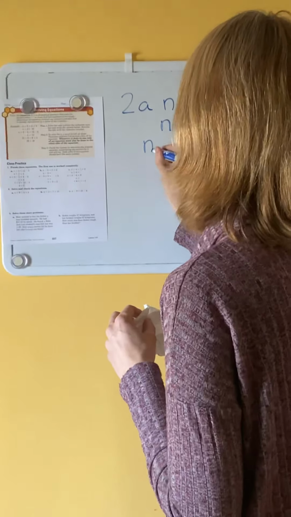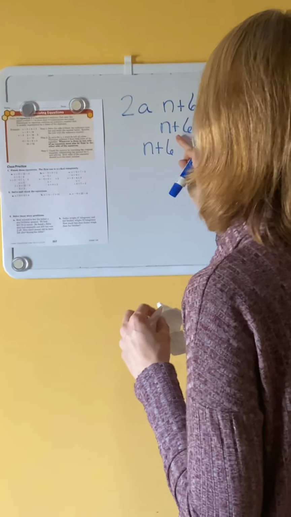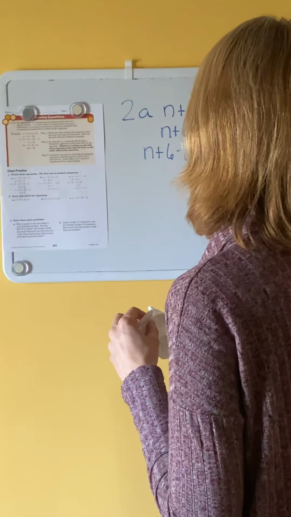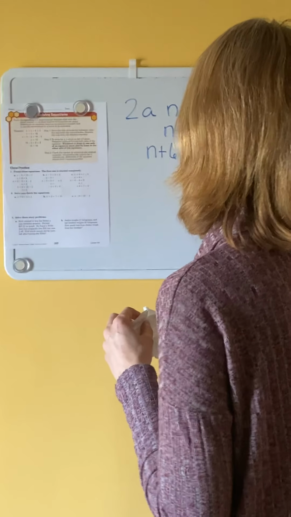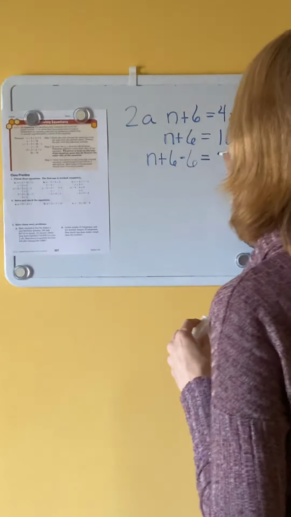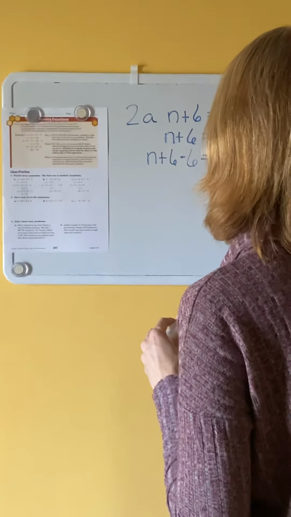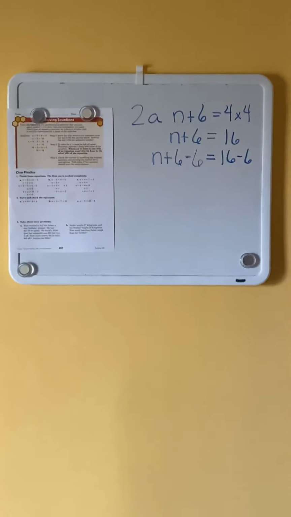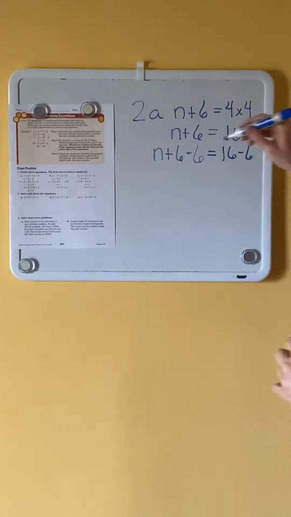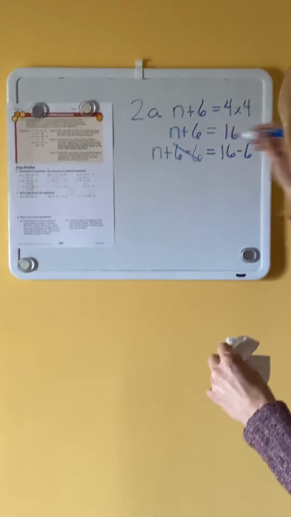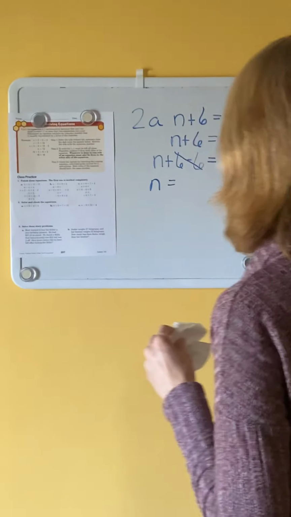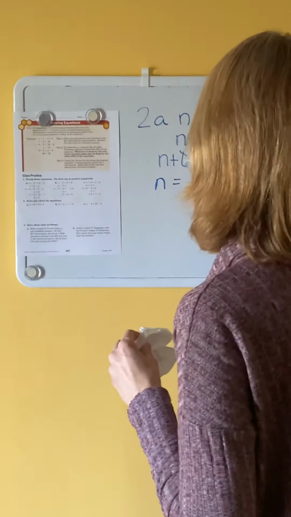So because we added 6 here, we have to do the opposite, subtract 6 on the one side, and then we have to also do that on the other. This is to get n by itself. Like I did before, we can cross off the 6's because those cancel out. So n is going to equal 10.